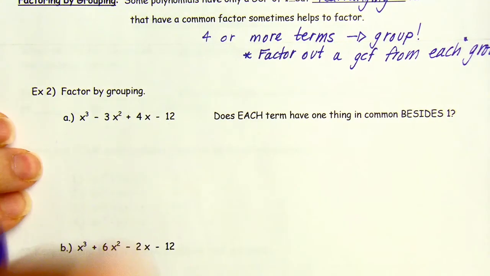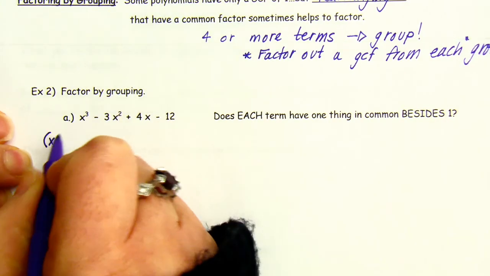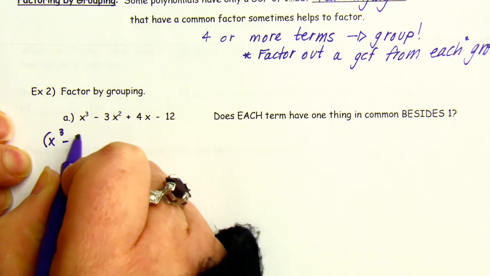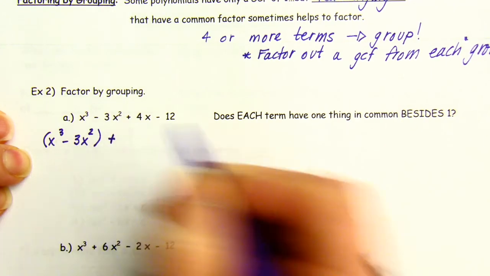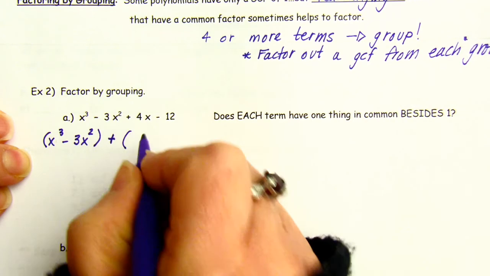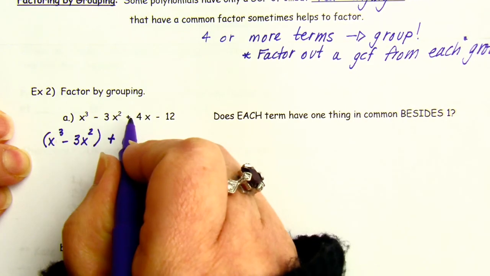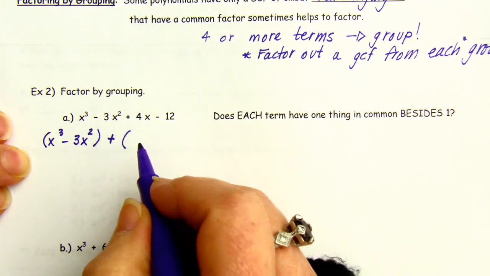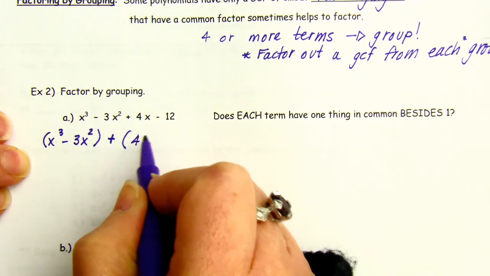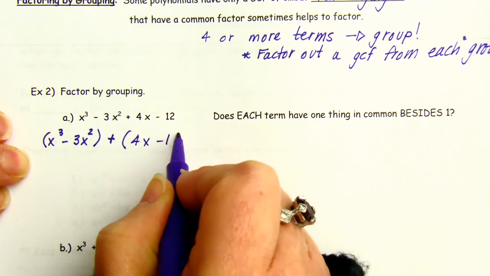So I'm going to group the first 2 together. Always, always, always put a plus sign between, whether or not this is positive or negative, and I'm going to show you why in a few moments. Now I'm going to group 4x subtract 12 together.